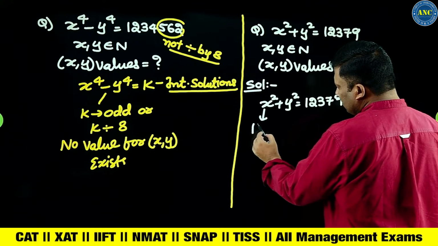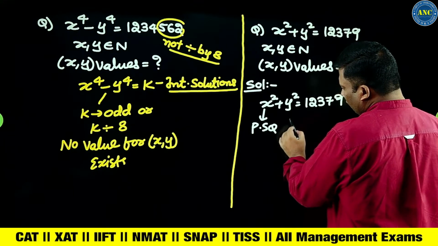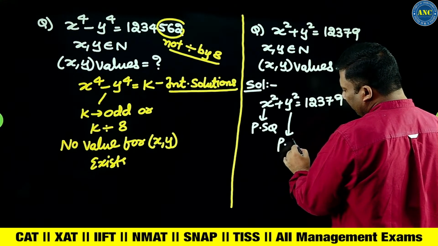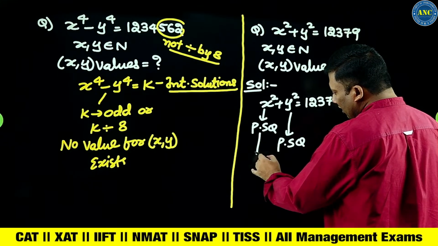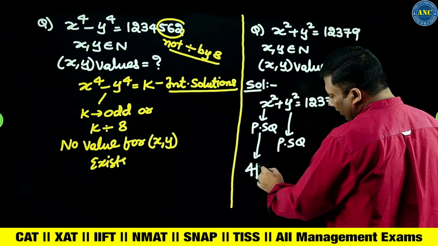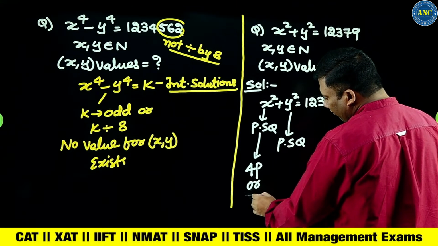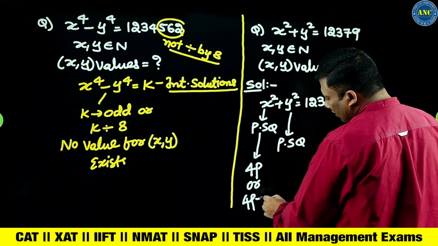x square is a perfect square. y square means y multiplied by itself, it is also a perfect square. Any perfect square when divided by 4 is either perfectly divisible or gives a remainder 1.